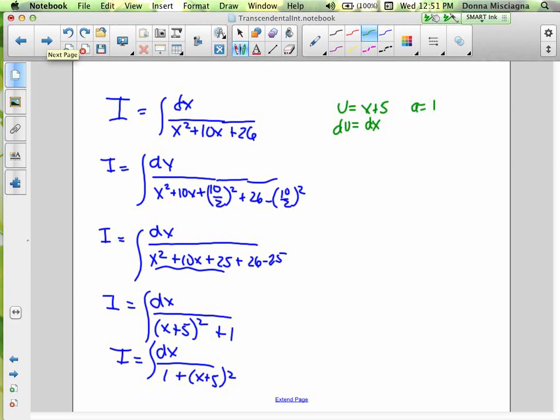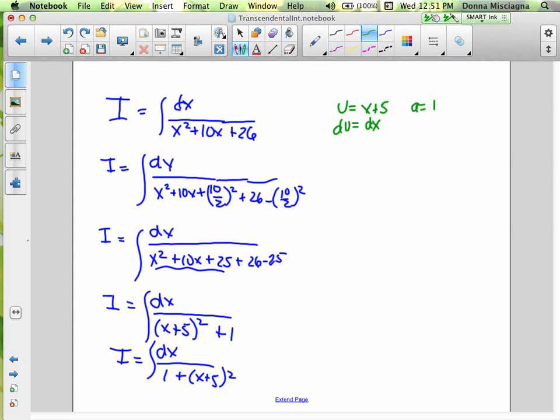You've got 1 plus a something squared, a something squared in the denominator. That is arctan. And we've got the derivative covered, the derivative of x plus 5 is already covered. If it wasn't, then we would just have that fraction in front of the du, and that still wouldn't be a problem. It'd still be arctan.